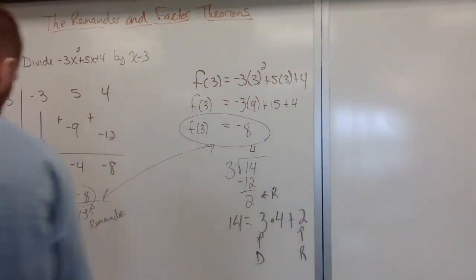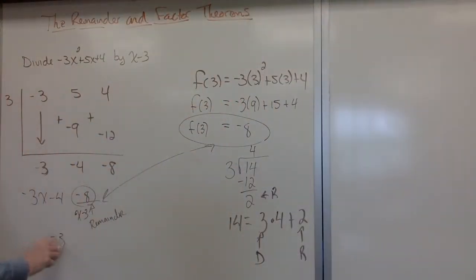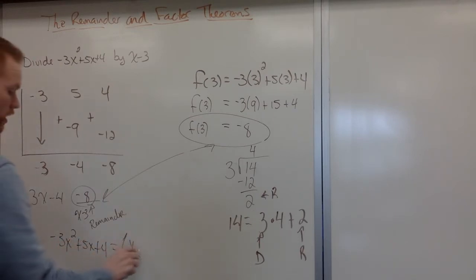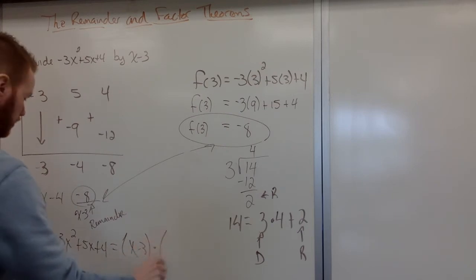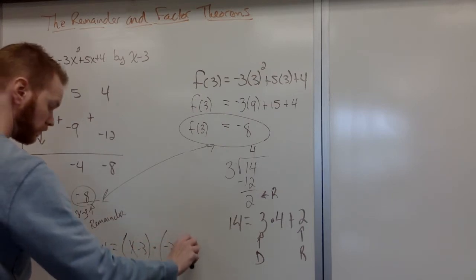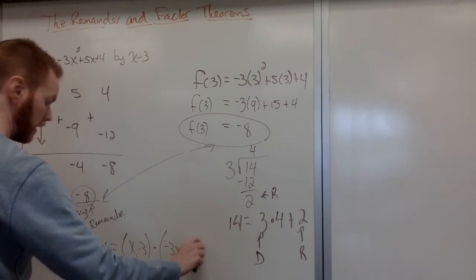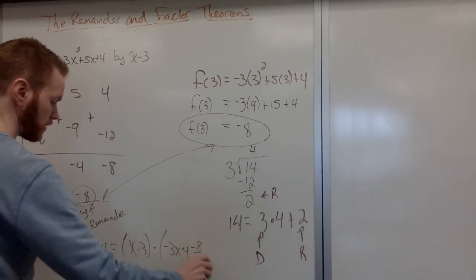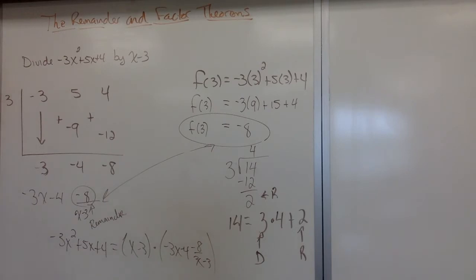Let me go ahead and rewrite it. Negative 3x squared plus 5x plus 4 is equal to x minus 3 times negative 3x minus 4, and minus 8 over x minus 3, just like that.